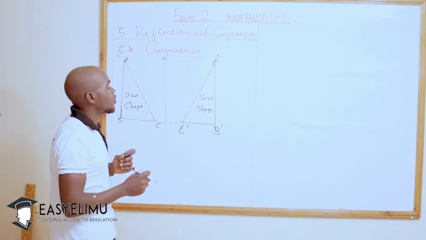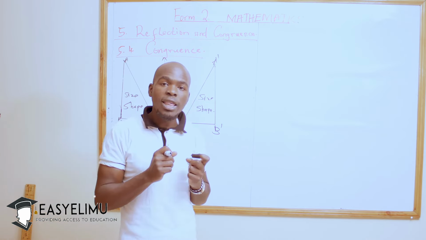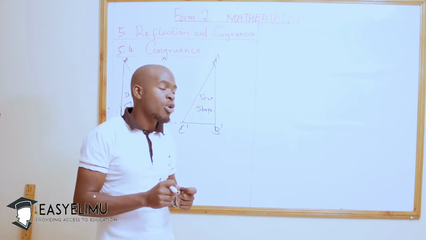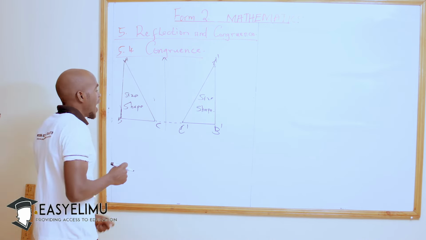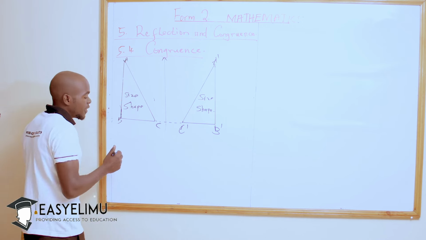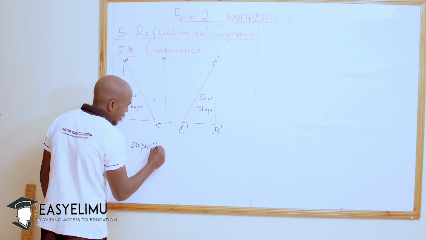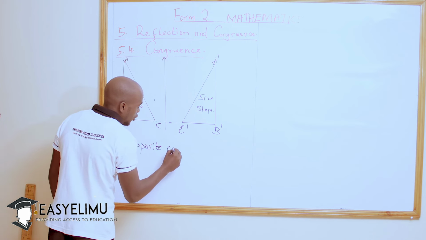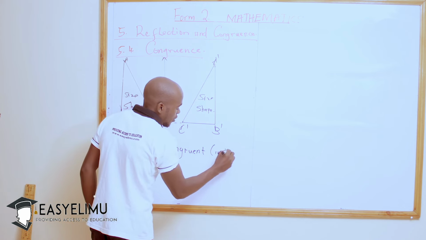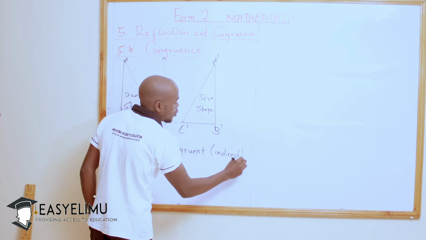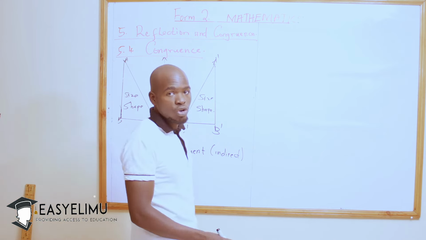So those figures which are congruent to each other, meaning they have the same size and shape, but cannot fit until you rotate, we say they are opposite congruent to each other. Opposite congruent, or we do say they are indirect congruent. We do refer to that kind of congruency as indirect congruent.